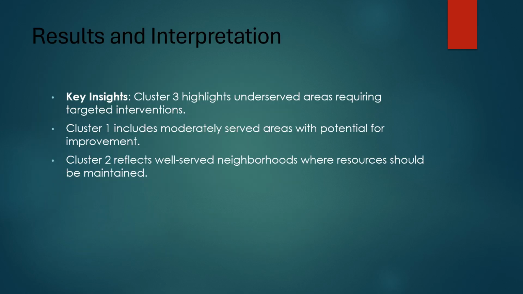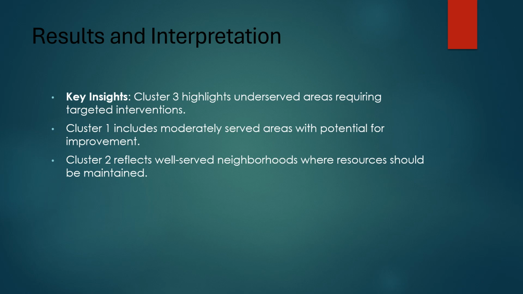And the key insights: we can say cluster 3 highlights the underserved area requiring targeted intervention. So we already know that we need to allocate more resources to cluster 3 because they lack them. Cluster 1 includes moderately served areas with potential for improvement.